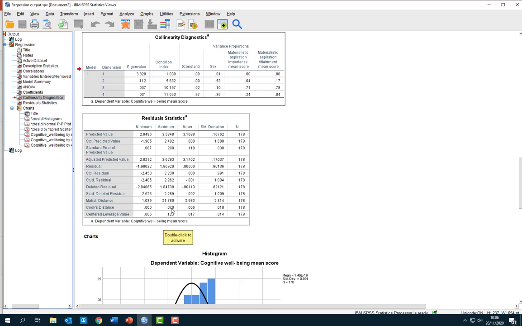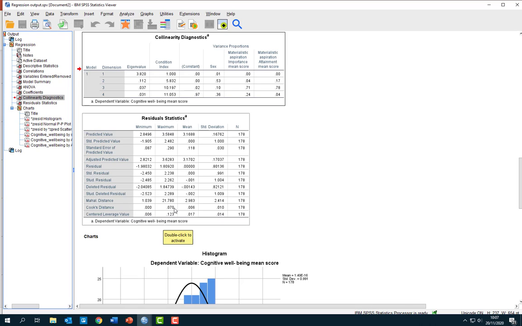But again, if we did find that there was an issue, we also have a Cook's distance saved in our data set following the regression. We could sort the cases based on that and pluck out the cases that are causing the issue and rerun the analysis and see what happens. And that's the best practice. And then you would compare the 2 outputs.